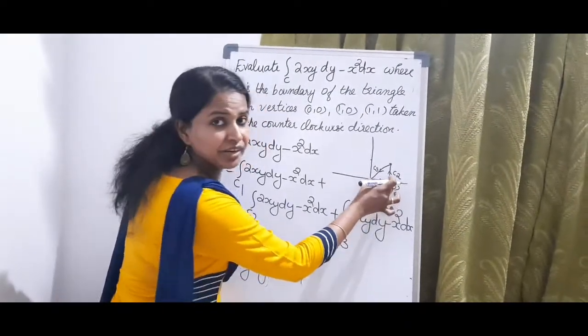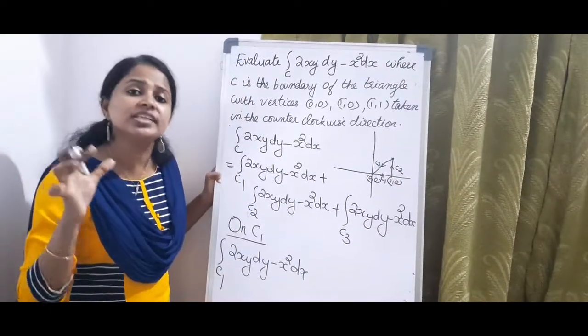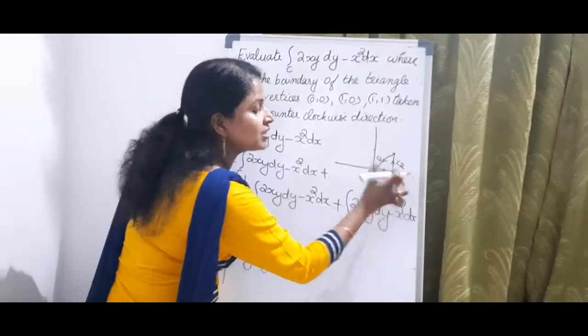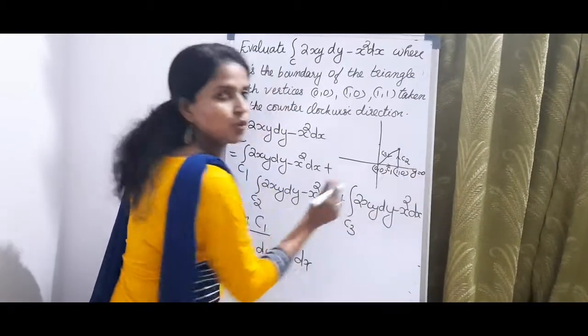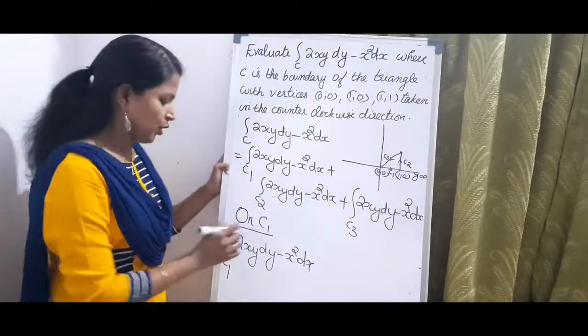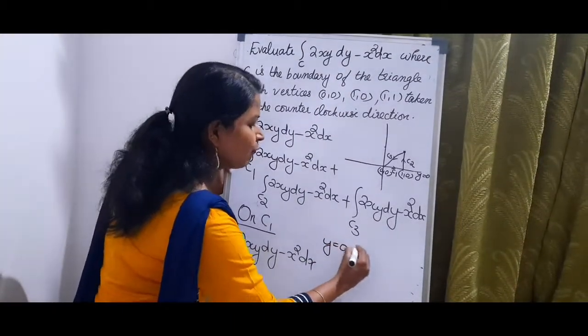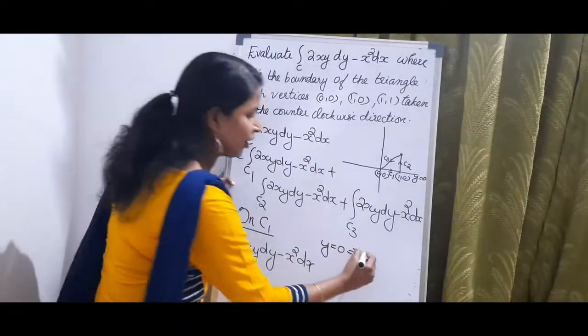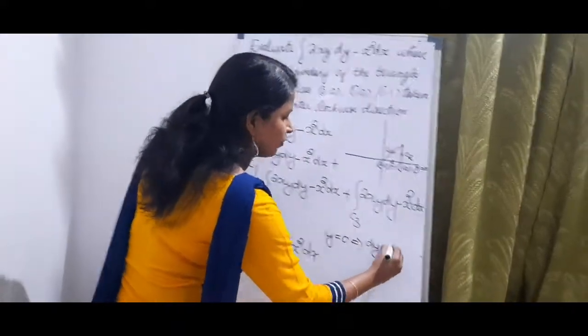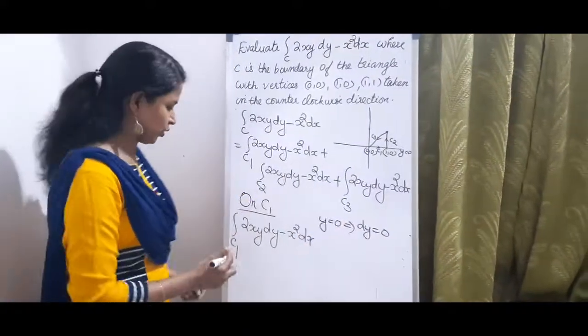This curve is C1, which is part of the x-axis. X-axis means y equal to 0. So here the equation is y equal to 0. Y equal to 0 means dy also equal to 0.